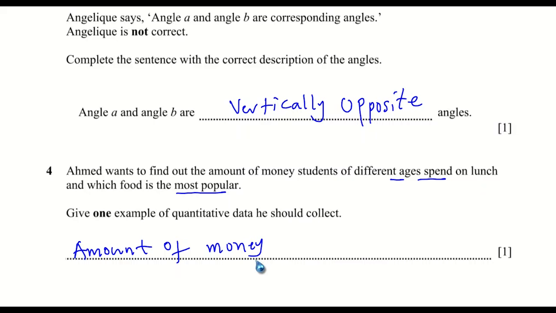You can also look for the number of lunch orders, because that will tell you the most popular. If you get the number of orders, it will tell you that this particular food is popular.